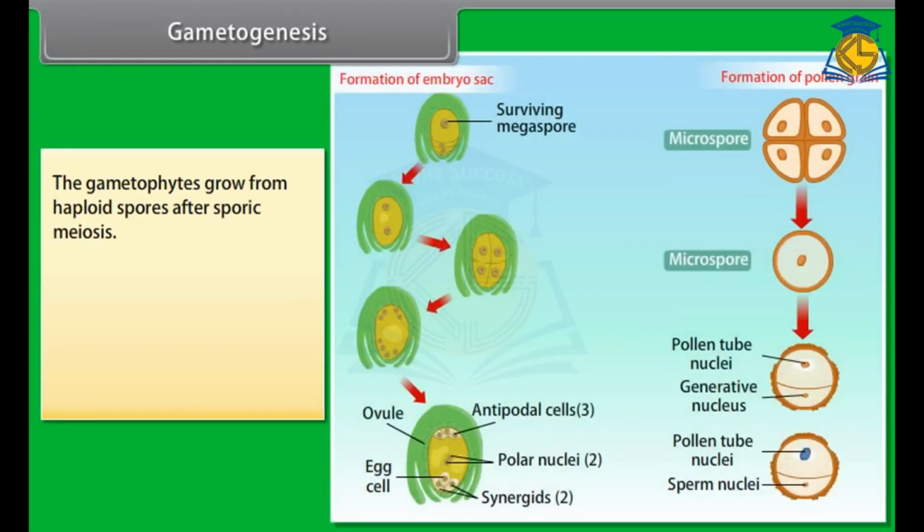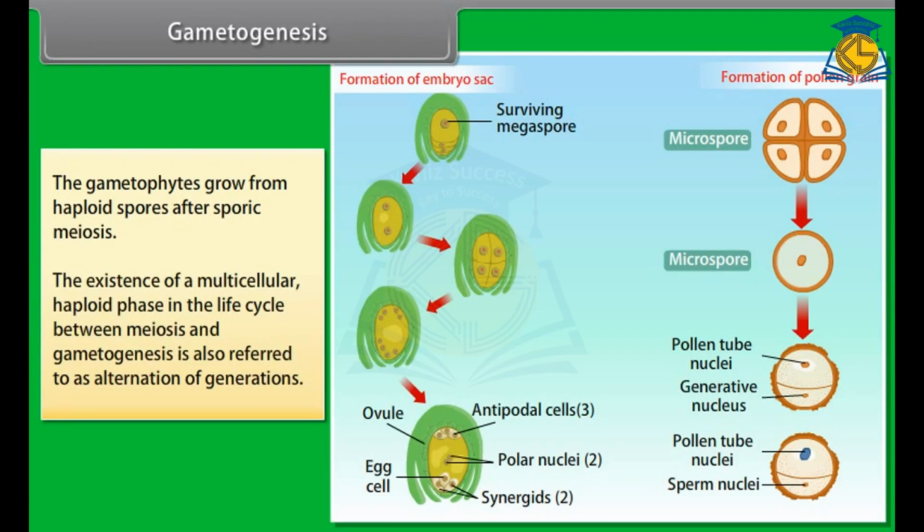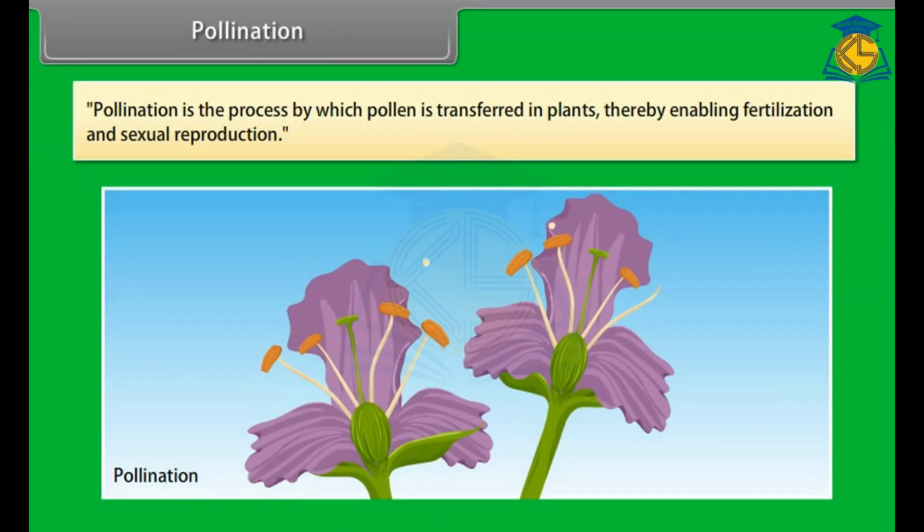The gametophytes grow from haploid spores after sporic meiosis. The existence of a multicellular haploid phase in the life cycle between meiosis and gametogenesis is also referred to as alternation of generations.